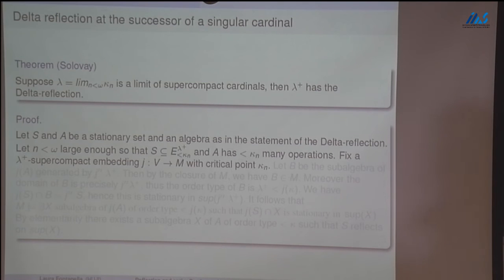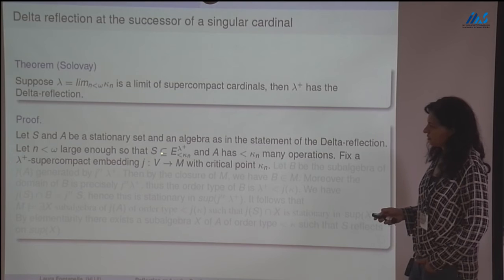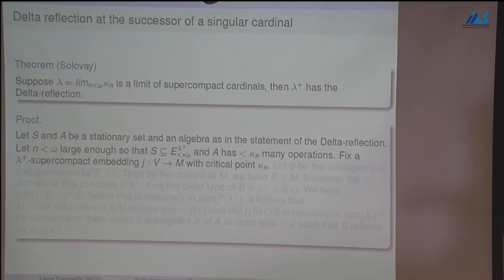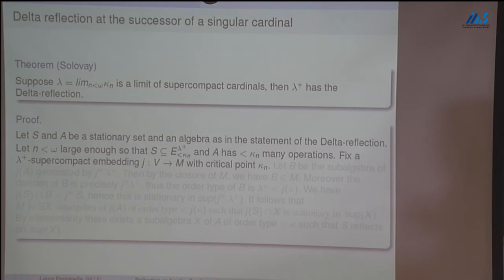So now we look at the j image of the stationary set, which is a stationary set in j of lambda plus, and j of A is a larger algebra, an algebra on j of lambda plus again, that still has less than kappa many operations, because kappa n is the critical point.